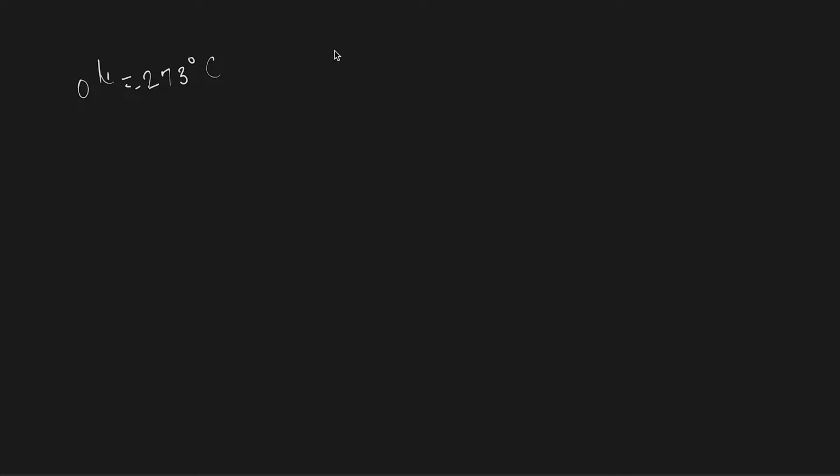To go from Celsius to Kelvin, we need to make Celsius the subject, so we add 273 to both sides. We're able to do that because Kelvin and degrees Celsius are of equal magnitudes, so we don't have any scale factor. So we get 273 Kelvin is equal to 0 degrees Celsius.